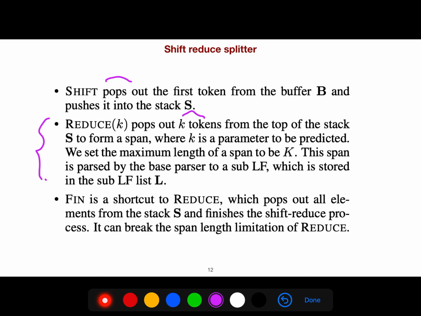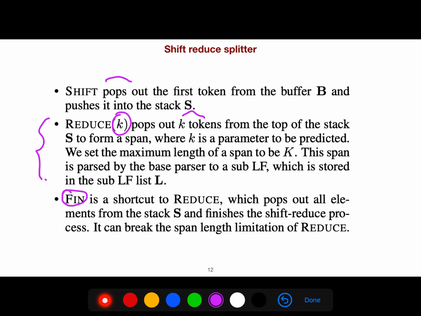But here it generalizes that, so it pops K tokens. And then we have another action, which is finish. FIN is a shortcut to reduce, which pops out all elements from the stack and finishes the shift-reduce. So this is the idea.